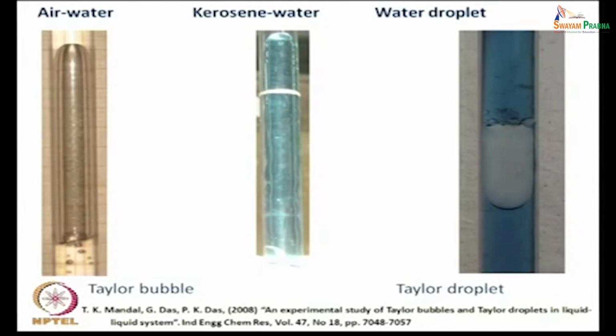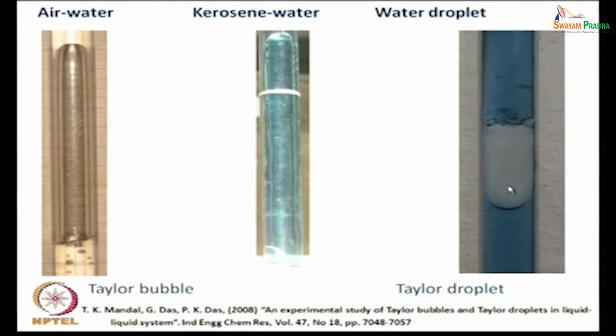And we found certain very interesting results also, I should say. The first result is we found that a Taylor droplet is much more stable as compared to a Taylor bubble. The surface of the Taylor bubble is much more wavy, but if you can observe this, you can find out that the surface of a Taylor droplet is much more smooth.